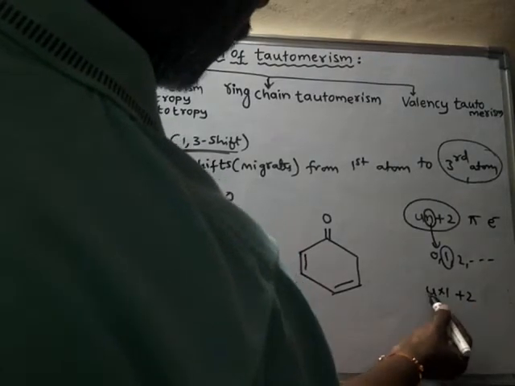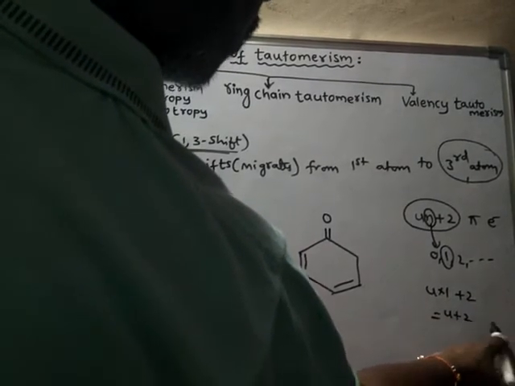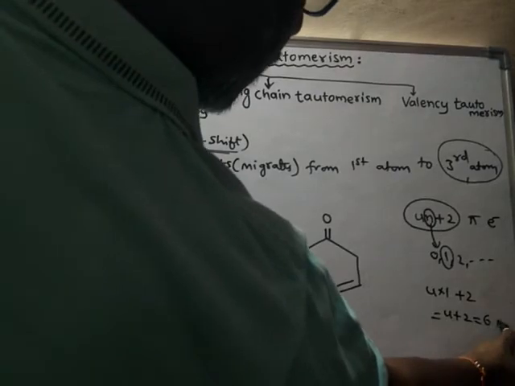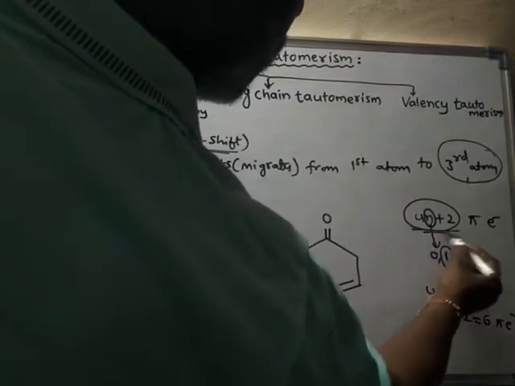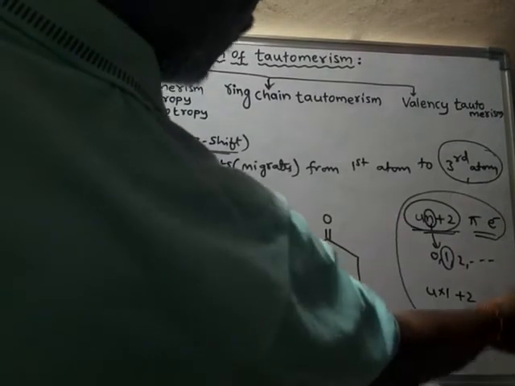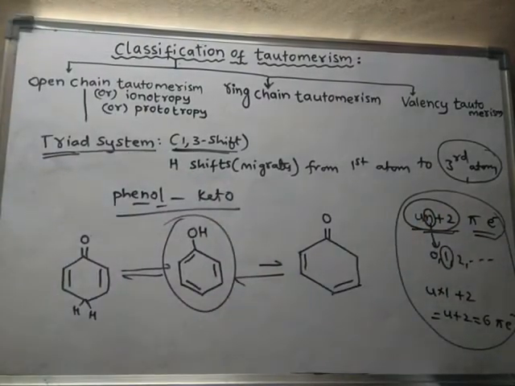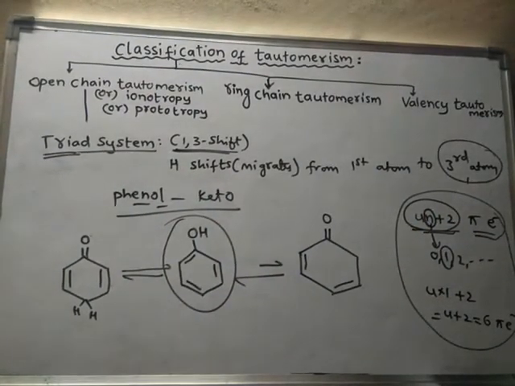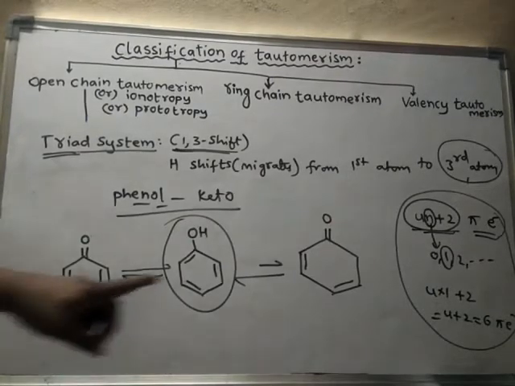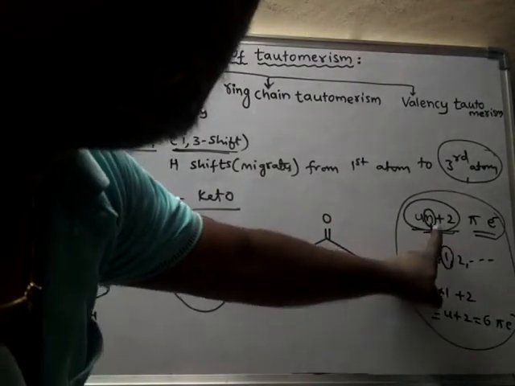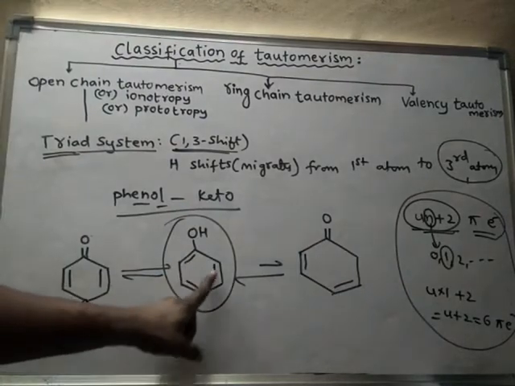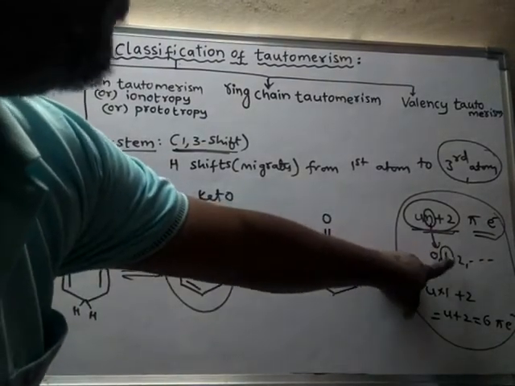Okay, 1. So if the n value is 1, then 4 into 1 plus 2. So how much will it be? 4 into 1 is 4, plus 2. So how much? 6 pi electrons. 4n plus 2 pi electrons are present. If 4n plus 2 pi electrons are present, then it is said to have aromatic nature. So here, with only one ring, n will become 1.